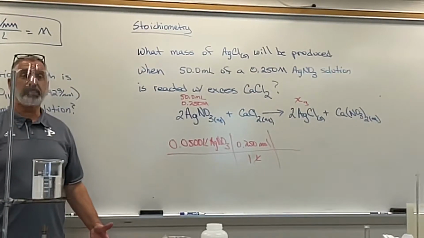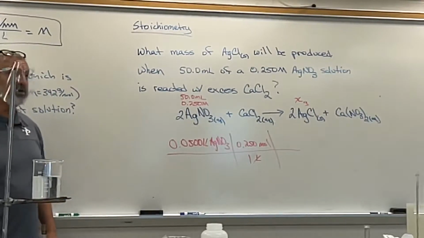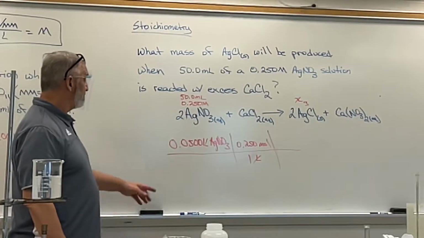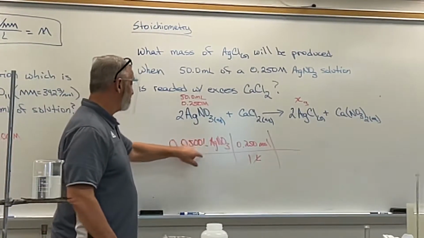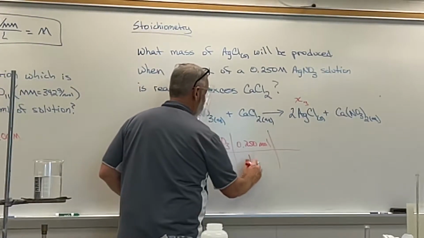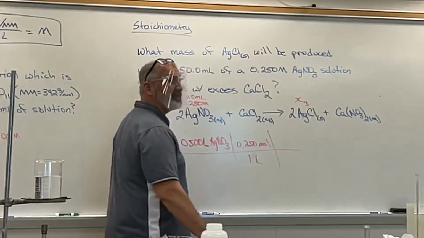What's the next step? Mole ratio, right? Does it say 0.0500 liters? Yes. Is that a K? No, that's a liters with a cross through. Oh, gotcha. It canceled. Gotta stay with me. So mole ratio.